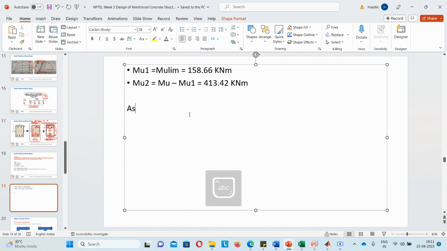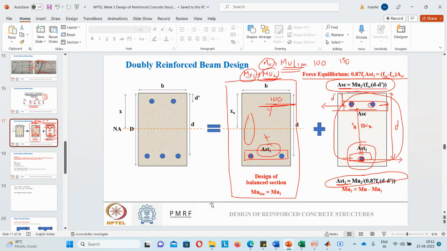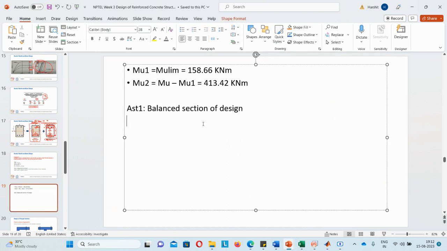Now let's calculate AST1, that is for the balanced section of the design. That is the first part of our beam. So when Mu1 is equal to Mu limiting, I will calculate AST1: 0.87 fy times AST1 times (d minus 0.42 times xu limiting) will be equal to Mu1, or we can say Mu limiting.